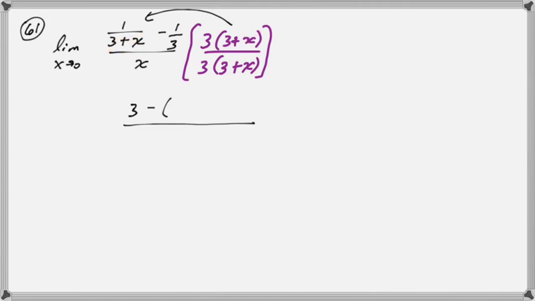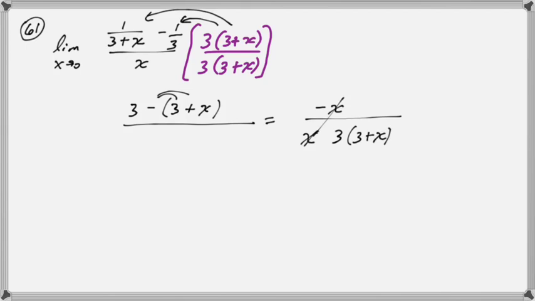Whenever you subtract, use parentheses. Distributing here, the 3's cancel, leaving me the 3 plus x. When you distribute, 3 and a minus 3 is 0, leaves me just a -x on top, which will now cancel with the x on the bottom.